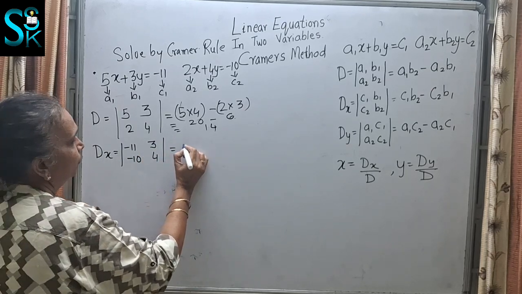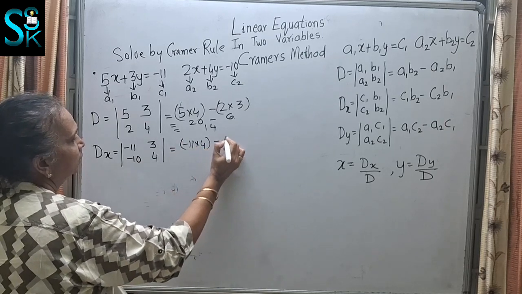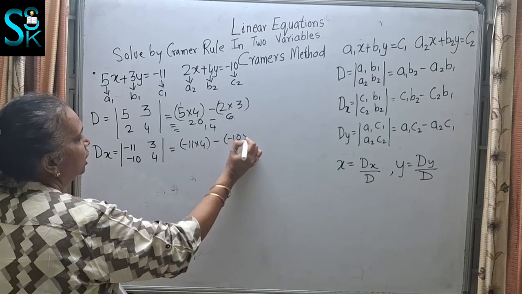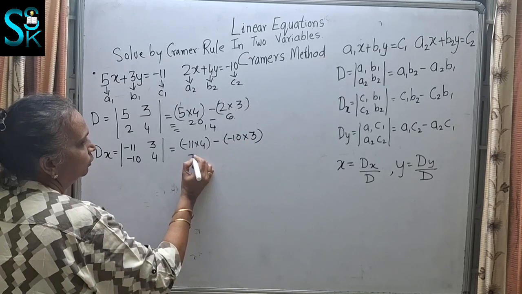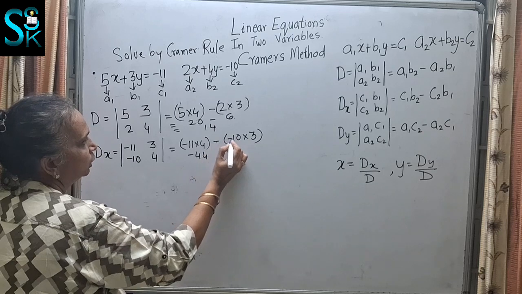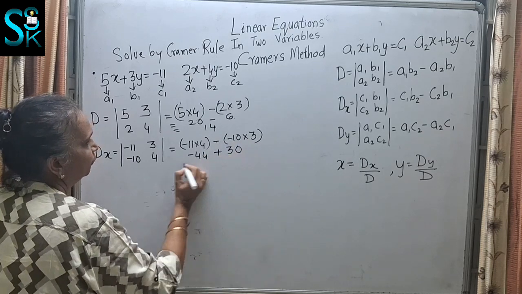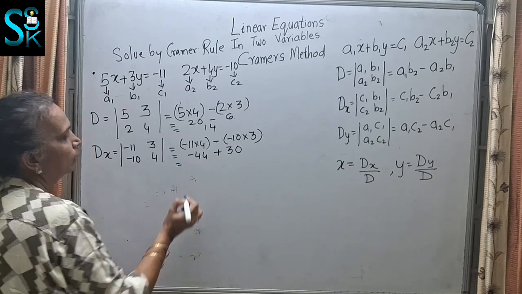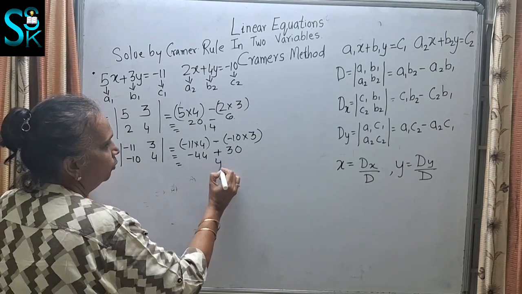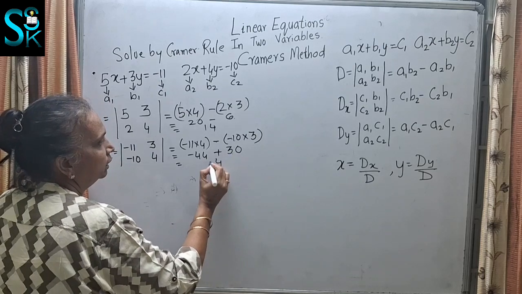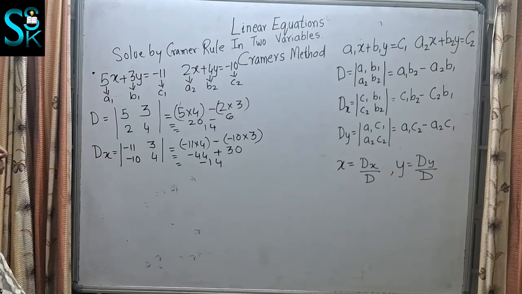Then you write minus 11 into 4, minus 10 into 3. Minus 11 into 4 is minus 44, minus into minus is plus, 10 threes are 30. Then minus 44 plus 30 is minus 14.